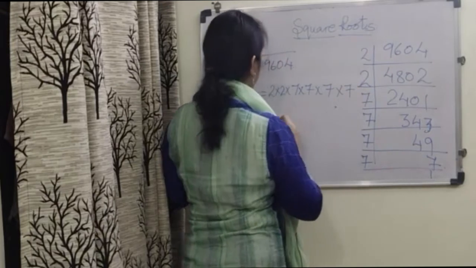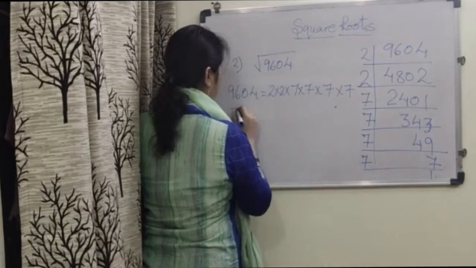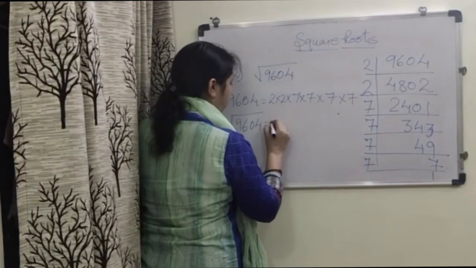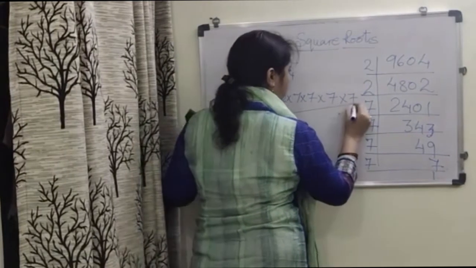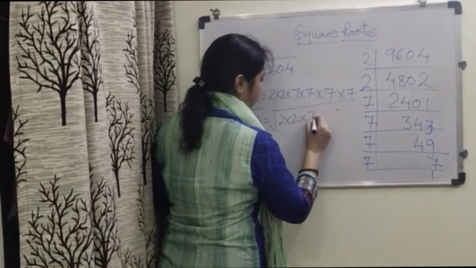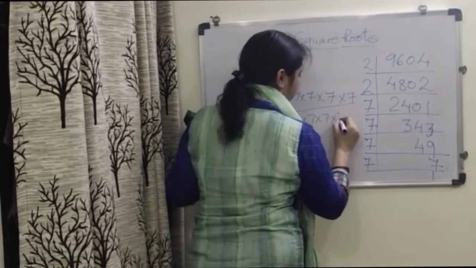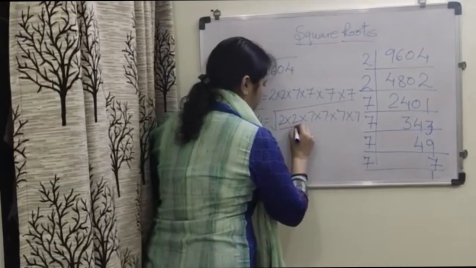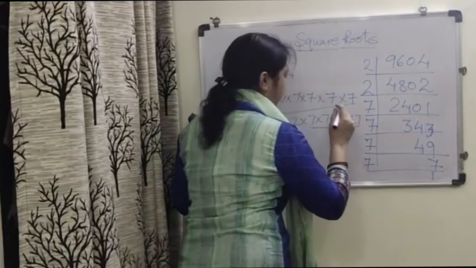Now here comes the turn to introduce the square root sign on both the sides. This is the square root sign, 2 into 2, and all the pairs of like factors we have written. Same working, make pairs of like factors.